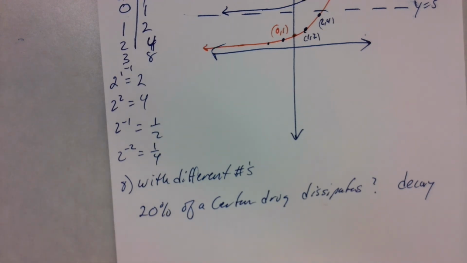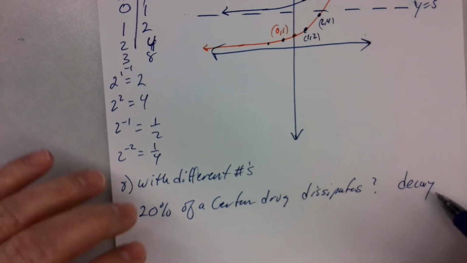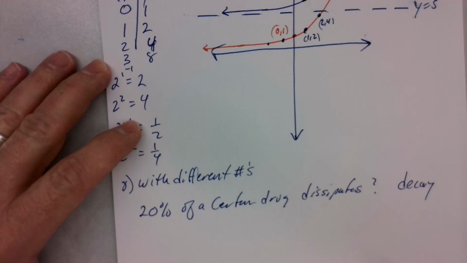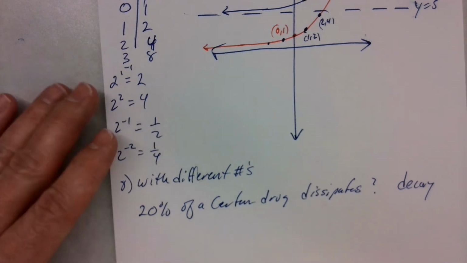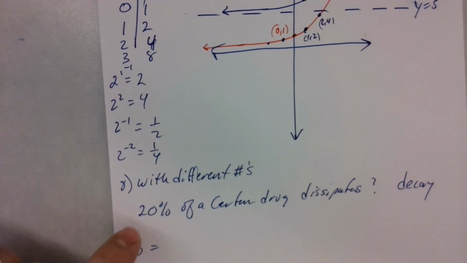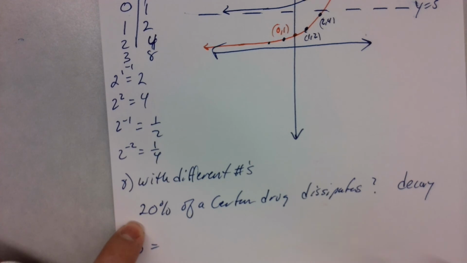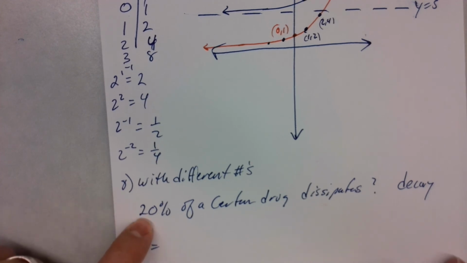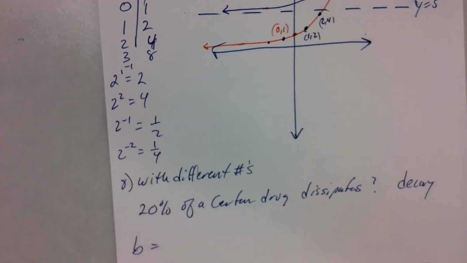Now, it says classify the function. We've already done that. Now, identify the growth or decay factor. That's my B. Now, this is where you got to pay attention. Instead of putting this as a fraction, they've written it as a decimal.